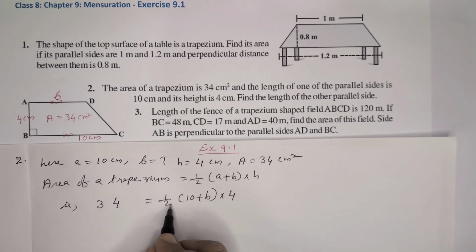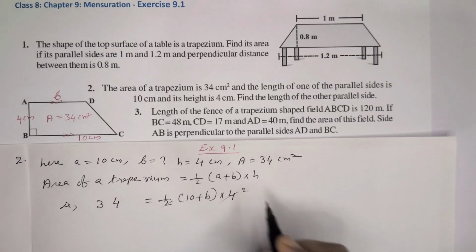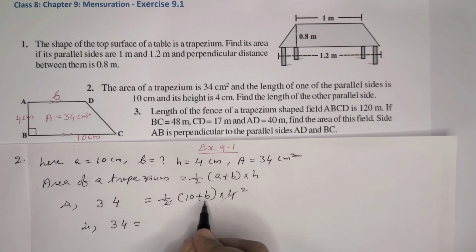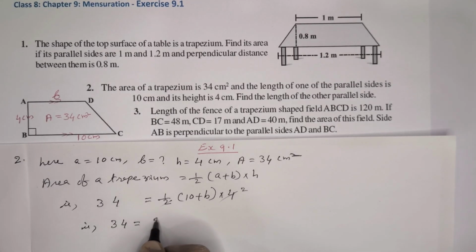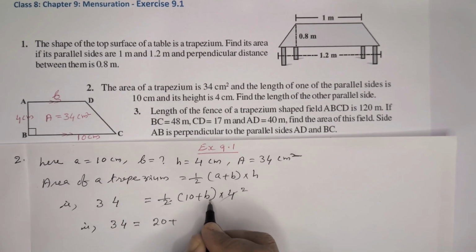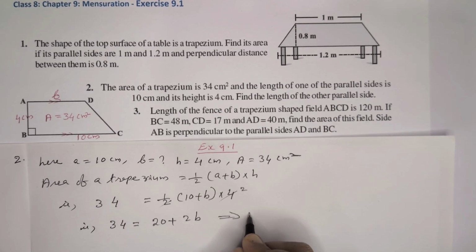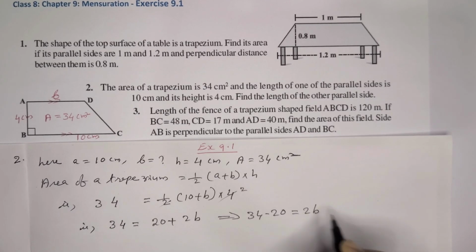This we can simplify, divide by 2 and 4. Here 2 times it will come. That is 34 is equal to, we can open this bracket by multiplying with 2: 2 into 10, 20, plus 2 into B, 2B. Move this 20 to the other side, which implies 34 minus 20 is equal to 2B.